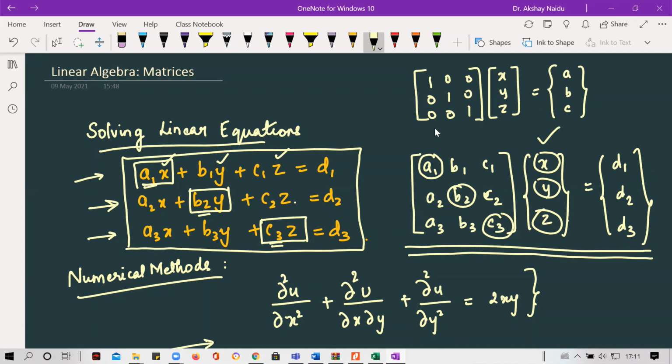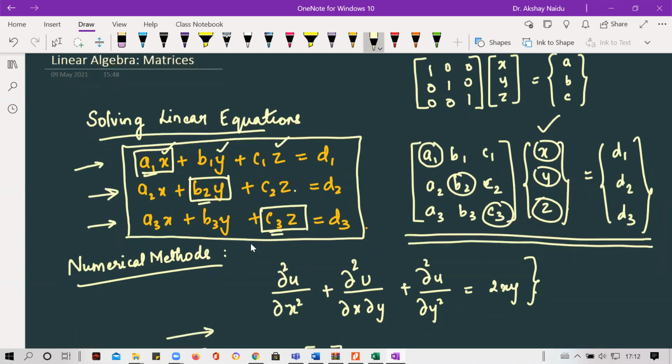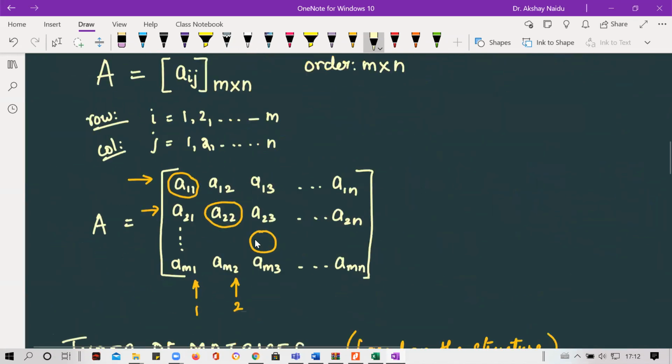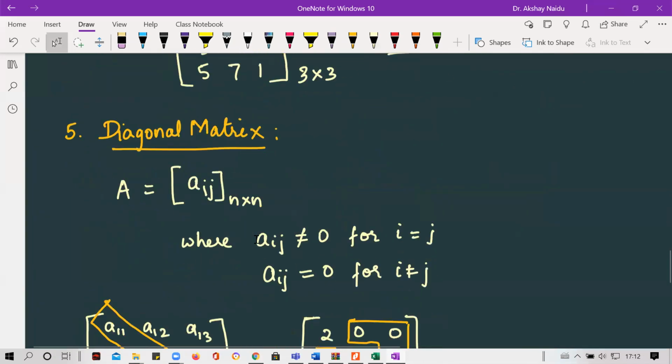Did you understand? Because of the way we define matrix multiplication, the principal diagonal terms become prominent. It's a good question, a fundamental question.